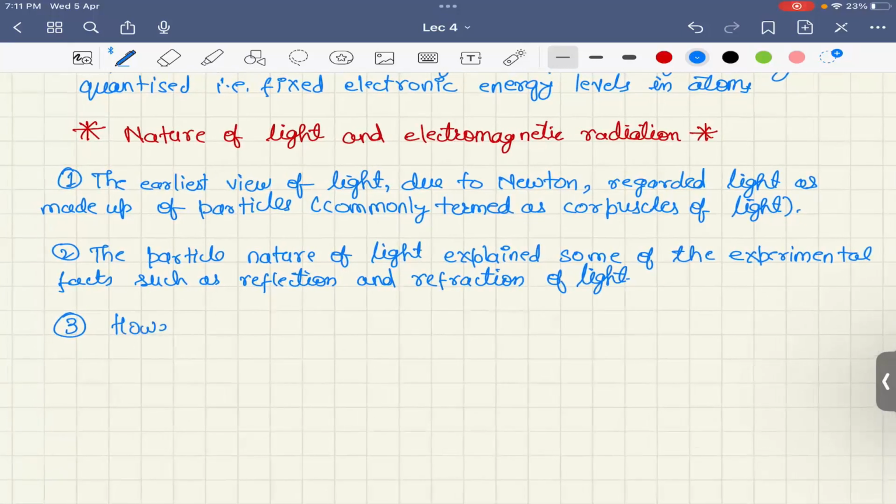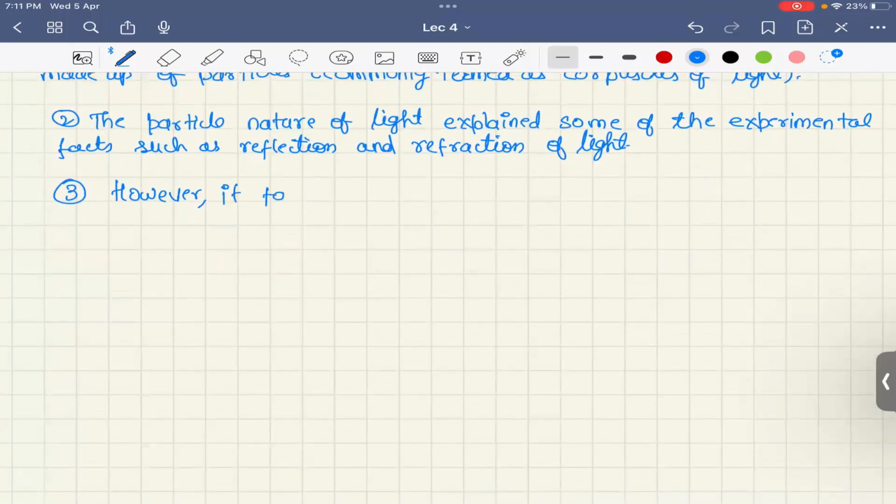However, it failed to explain the phenomena of interference and diffraction.